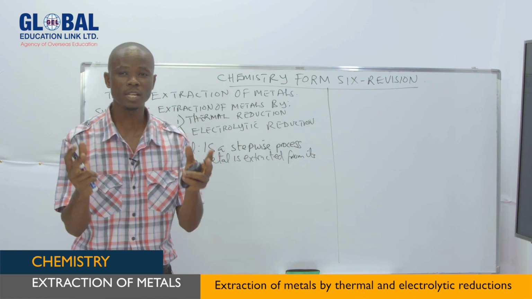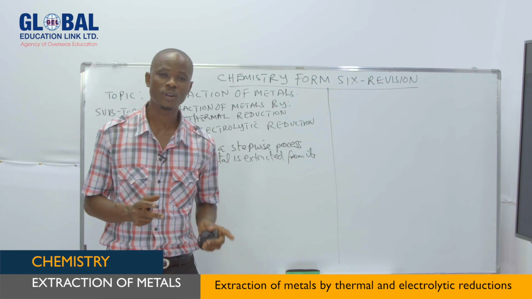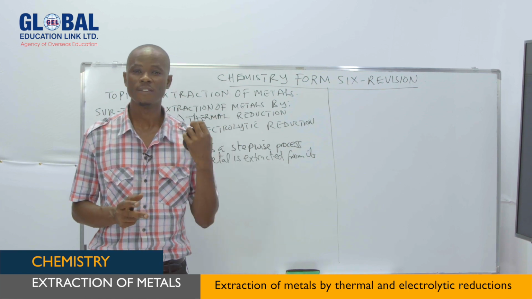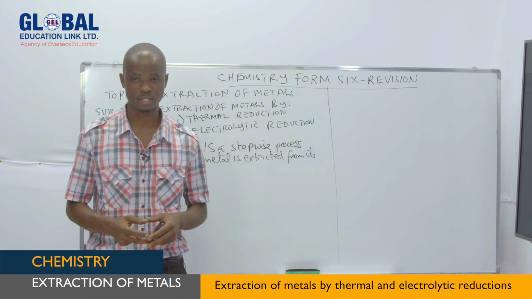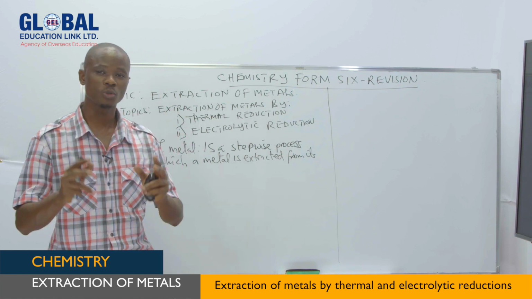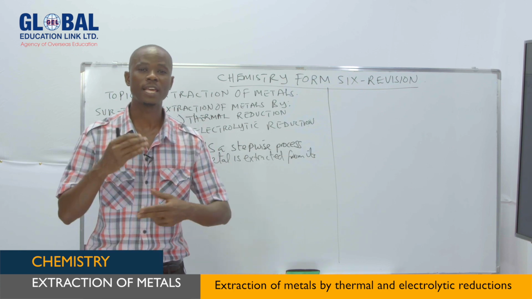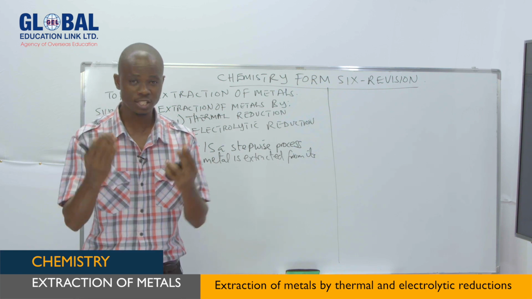When we talk about a mineral, we are talking about a natural material found in the Earth's crust, from which a metal is found either in a free state or combined with other elements. And when we talk about an ore, we are talking about the chosen mineral from which a metal can be extracted on a large scale.